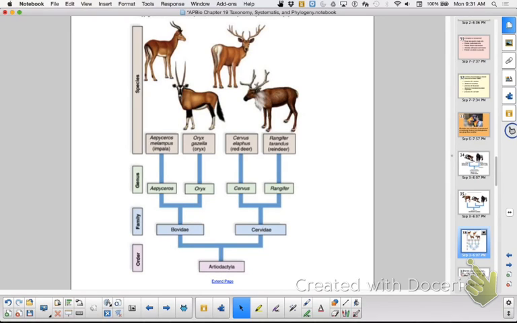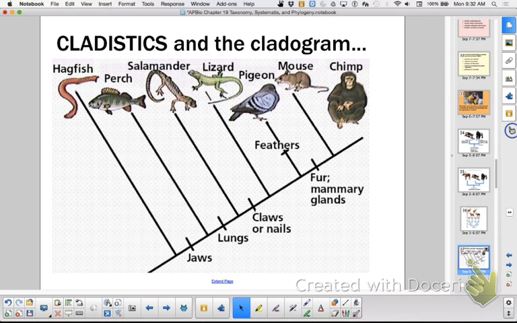So as we step back again, I want to remind you how these phylogenetic trees work. When we looked at this before, you're definitely looking at characteristics, but we are applying where they came from, their evolutionary line. So this process is called cladistics, and this would be an example of a cladogram. So you have a shared trait here, but starting at this branching point, from here up, they all have what?